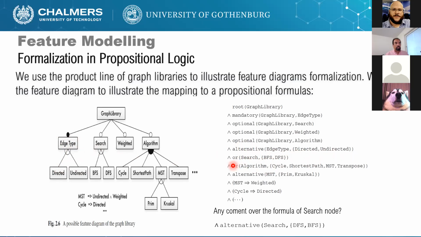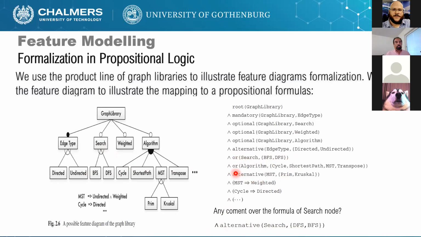Here, I think there is a typo mistake, not from me, from the book. It says it's an OR relation, search, BFS, DFS. It is not. It is supposed to be like the one above it, alternative. I put it here, alternative, search, DFS, BFS. So take note of that.